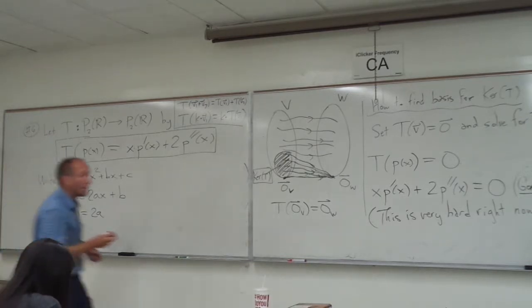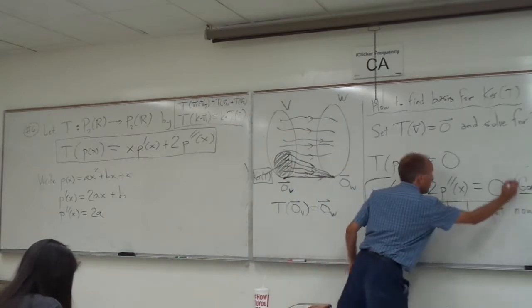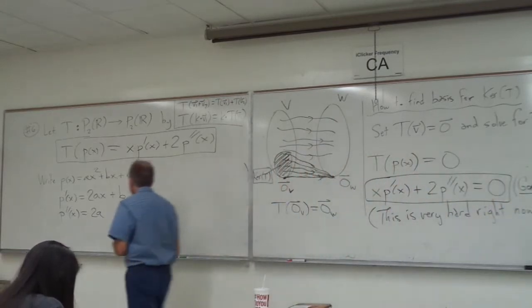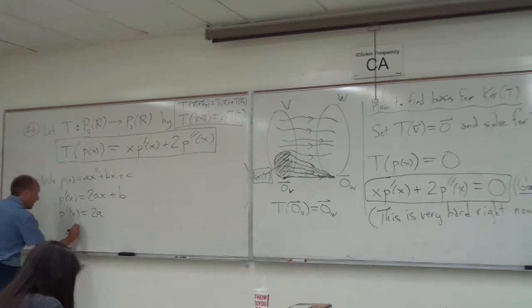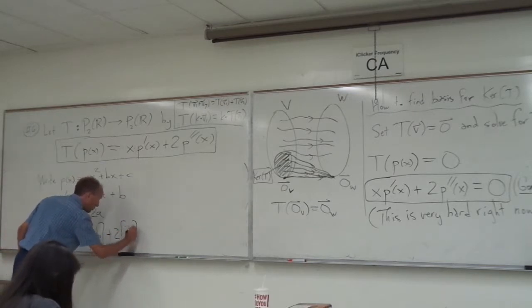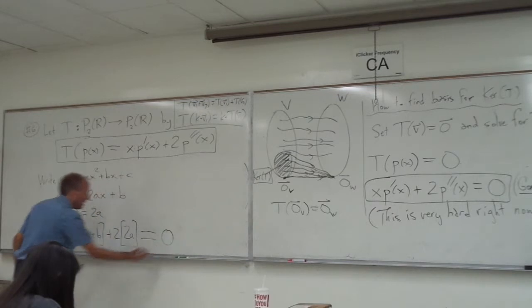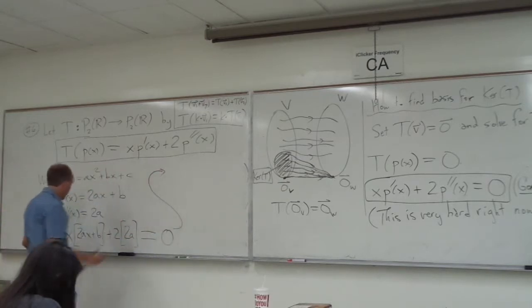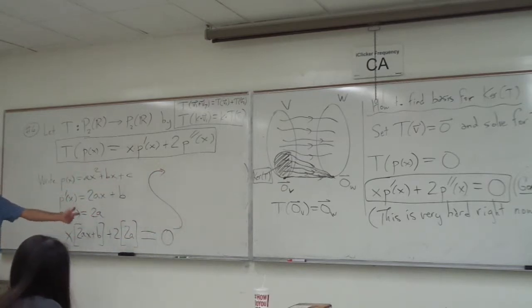Now that seems like something we could work with, because here's the equation that we have, right? So let's just plug that in. I have x times p prime, which is 2ax plus b, plus 2 times p double prime, which is 2a, and that is supposed to be equal to 0. If I take this equation and regroup the terms, what's the x squared coefficient going to be? 2a, okay, good.